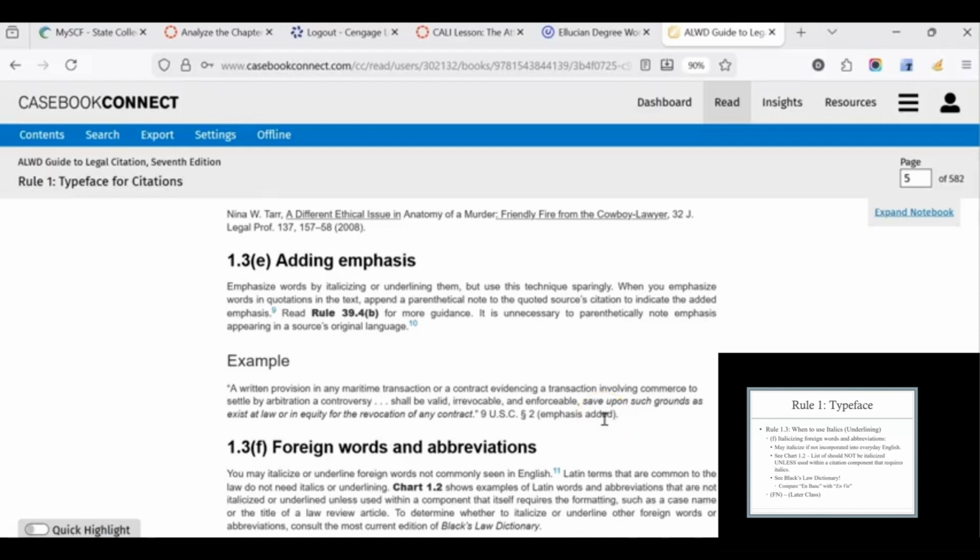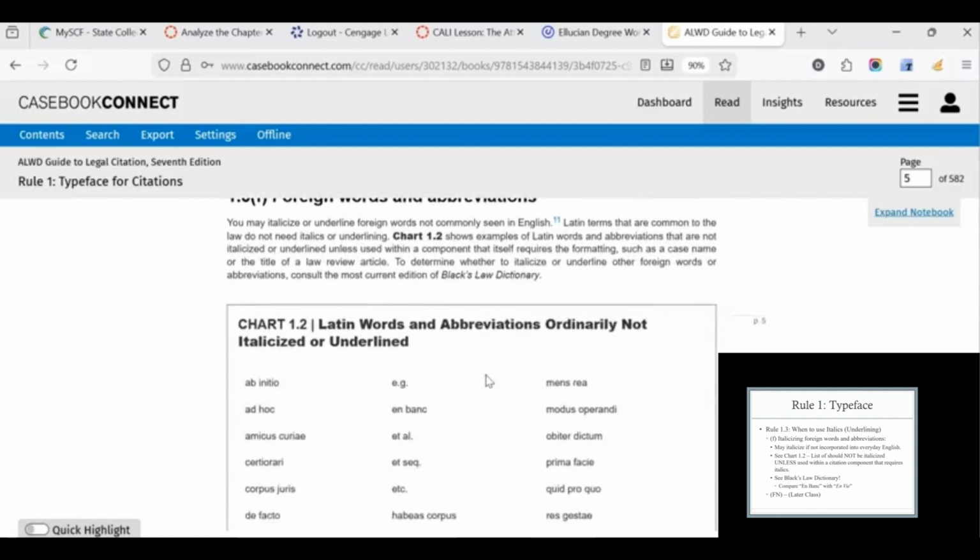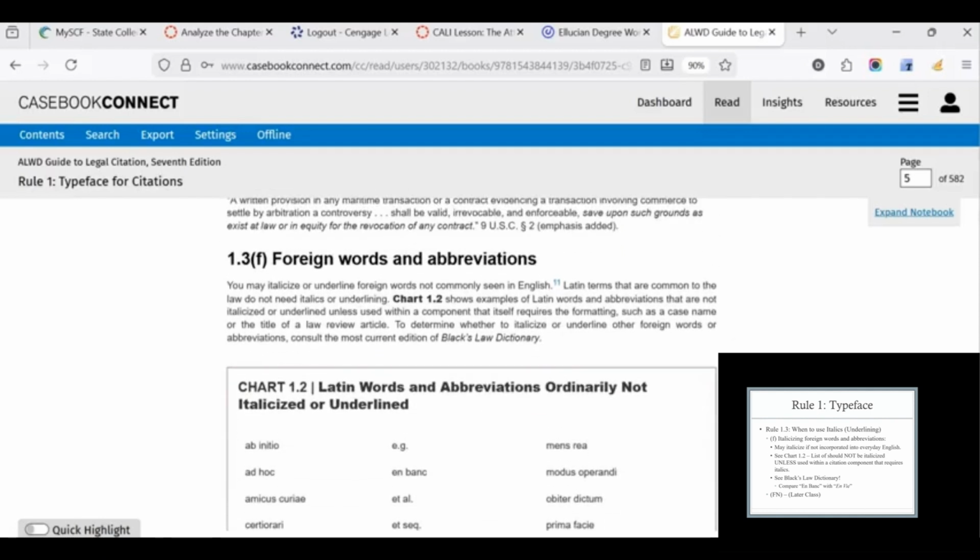All right, and then we have Rule 1.3F as in Frank. So as soon as you start in the law, you start learning all of these Latin words. In chart 1.2, you're going to see a bunch of words there that are Latin that we use on a daily basis in the legal field.